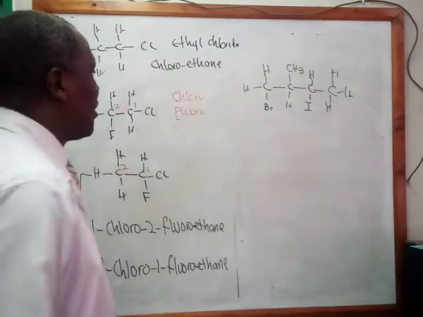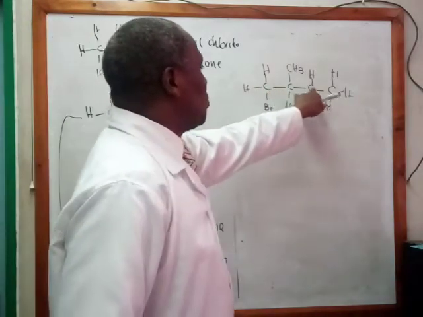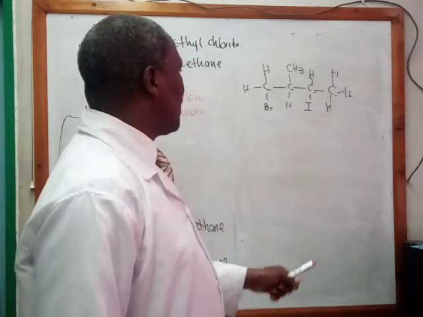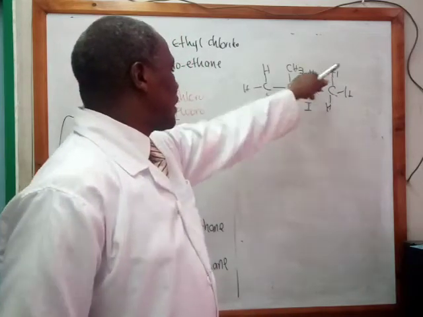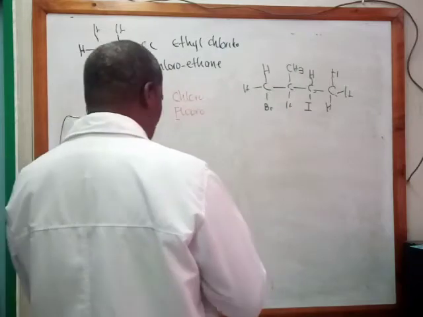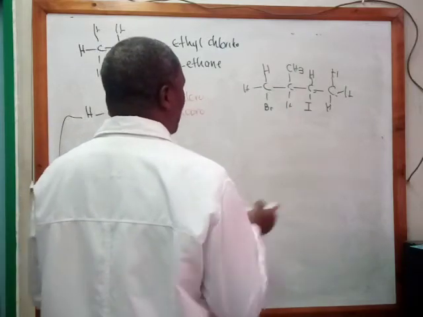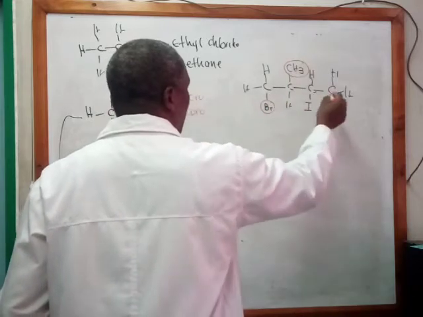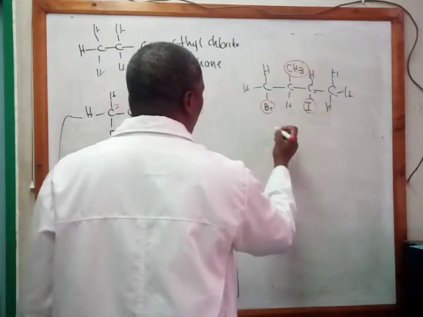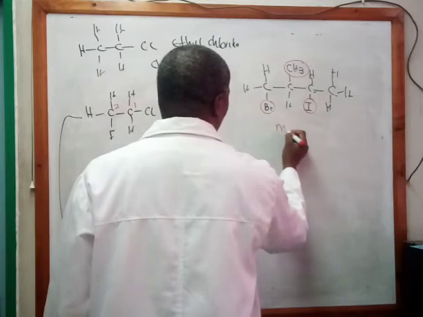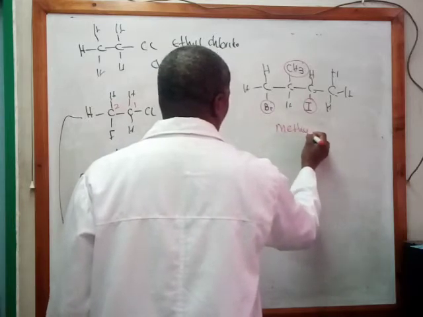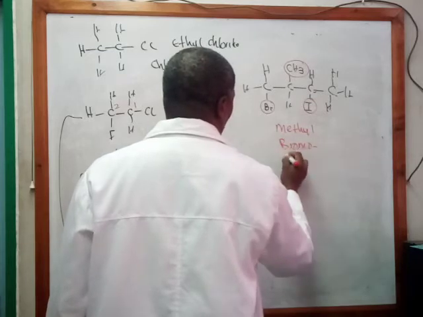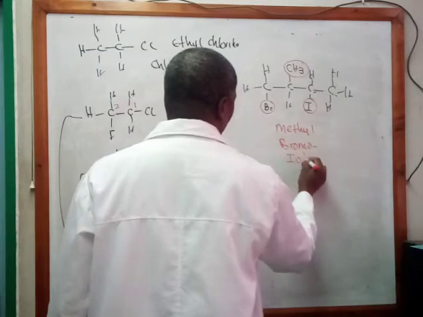So this is 1, 2, 3, 4 carbon atoms. So it is a butane, and then it has substituents. Let's look at the substituents. Perhaps let me circle them. There is a methyl group, there is a bromo, and then there is an iodo.